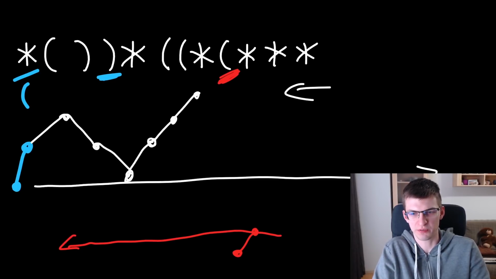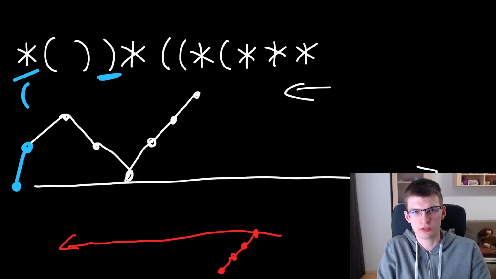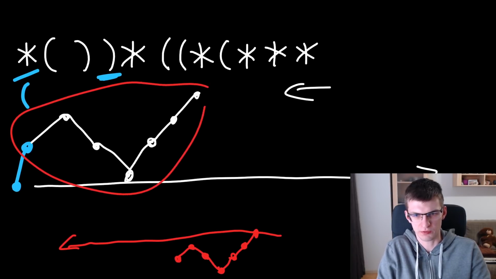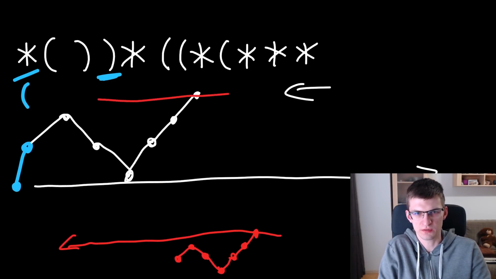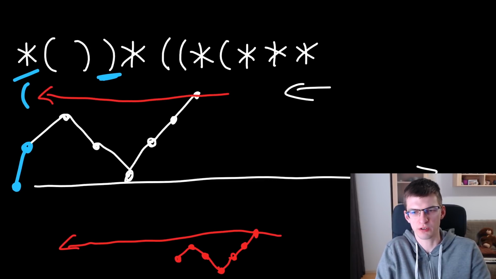It cannot be paired with anything. So if I just draw everything, it's down, down, down, and here up, up, and down. This is the same shape, of course.